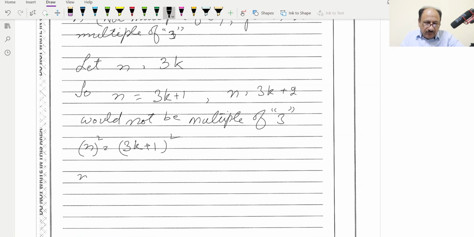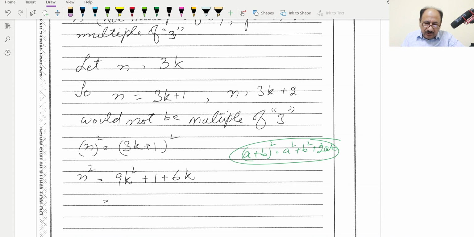Using a plus b squared is equal to a squared plus b squared plus 2ab, n square will be 9k squared plus 1 plus 6k.